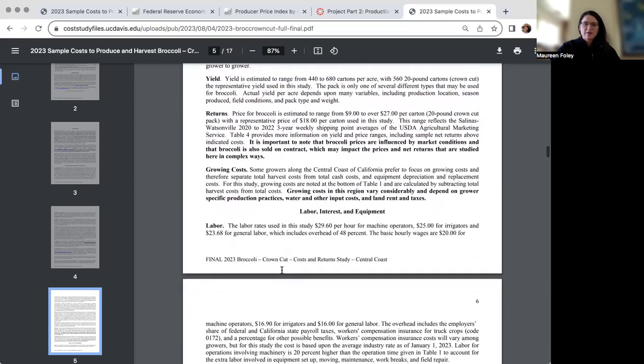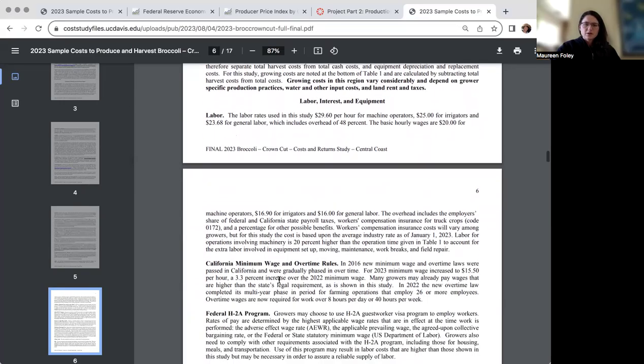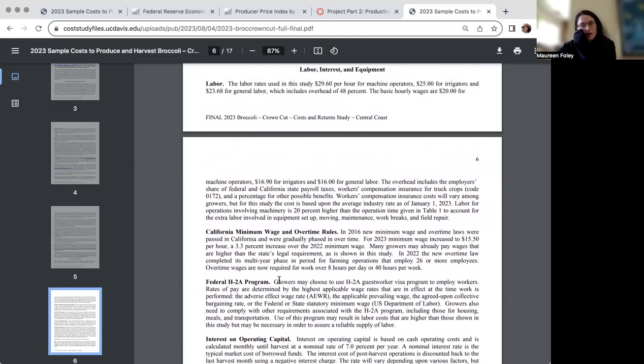And then you have info on labor and equipment use. So there are some things that we may not think about here. Labor costs include overtime costs, which is different for agricultural workers than it is for normal workers working in a restaurant or a shop or something.